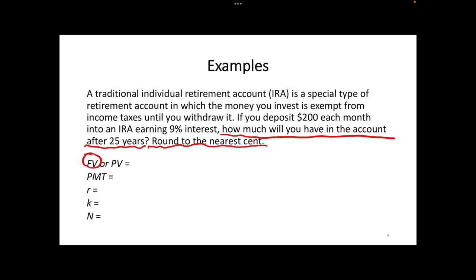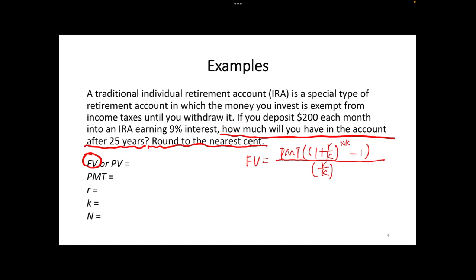The formula we have from the previous slide: future value equals payment times, outer parentheses, inner parentheses, 1 plus r over k, close inner parentheses, raised to the nk power, minus 1, close outer parentheses. That's the numerator, and the denominator is r over k, right?